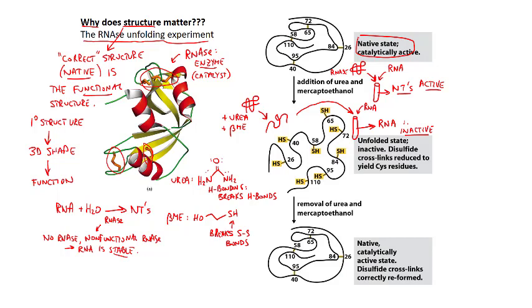But then what's interesting is if they took the incorrectly folded RNase, the chemically treated RNase, and then removed the urea and removed the mercaptoethanol, so that you ended up with the correctly folded protein once again, and you added that to RNA, now it's active again.